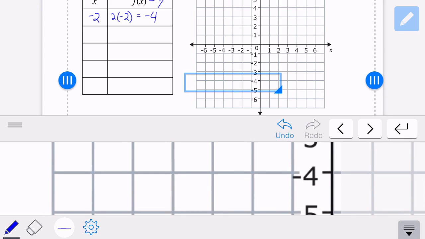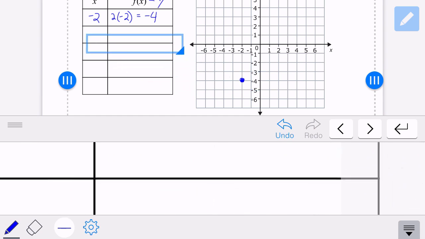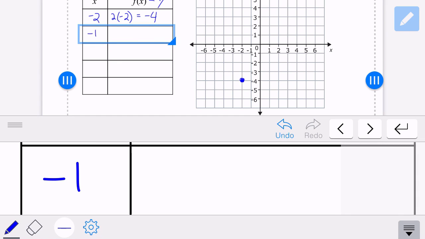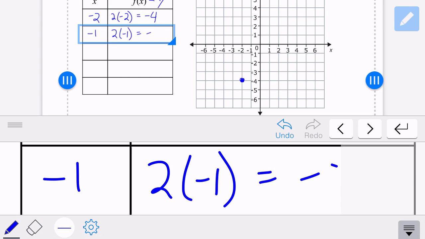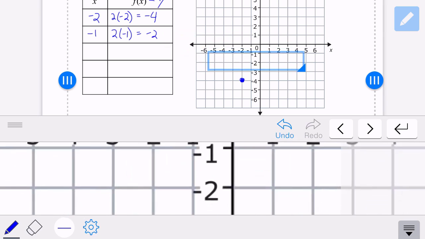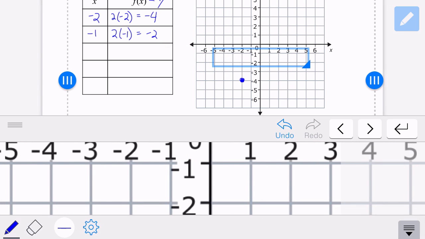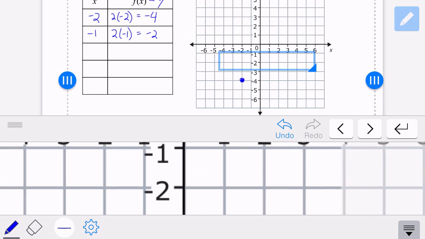So I'd have -2, -4, that would put me here. Okay? And then you just keep going with the same thing. So then let's do -1. We'd have 2 times -1. That would give us -2. So then we would have -1, -2, which would go right there.